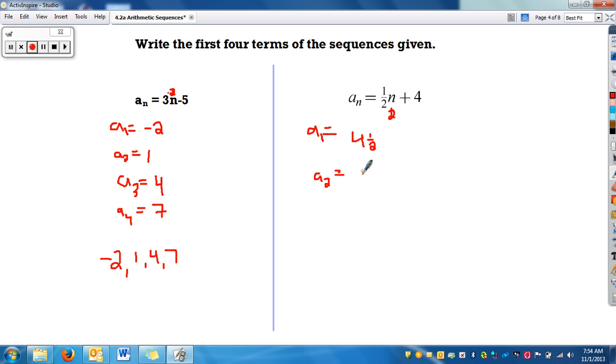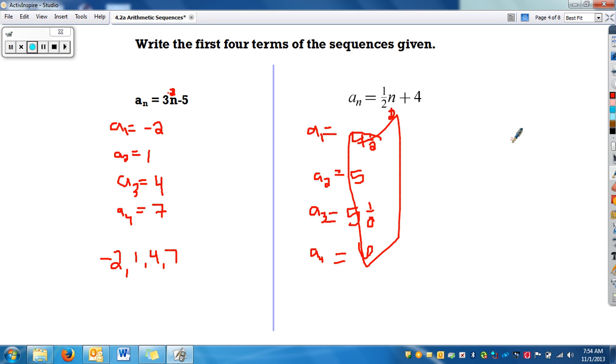Half times 2 is 1, plus 4 is 5. We find a sub 3. Half times 3 is 1.5, plus 4 is 5.5. And then a sub 4 is half times 4, which is 2, plus 4 is 6. So these are my first 4 terms of the sequence.